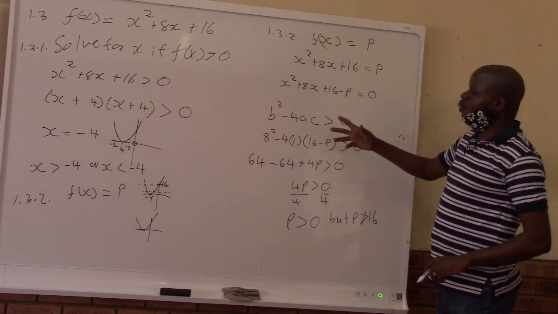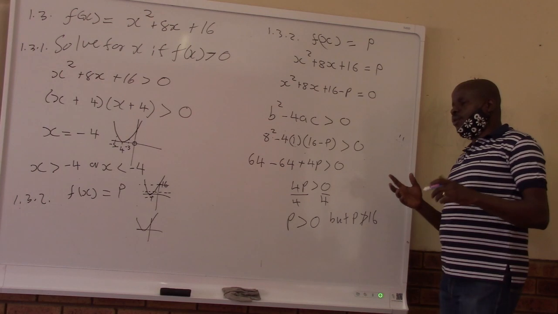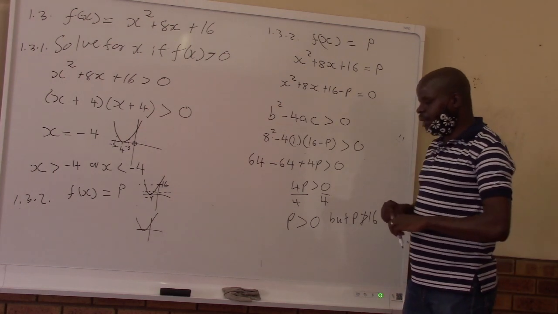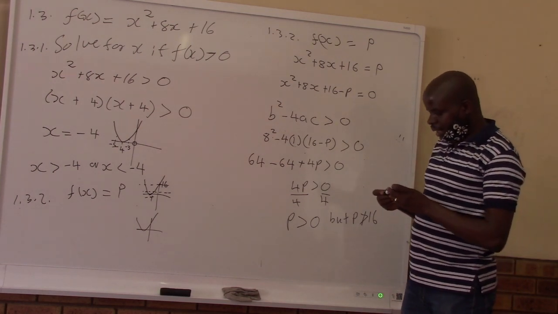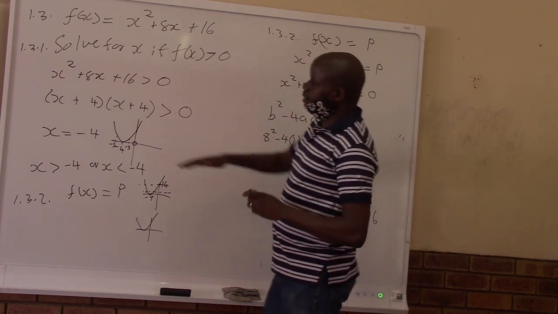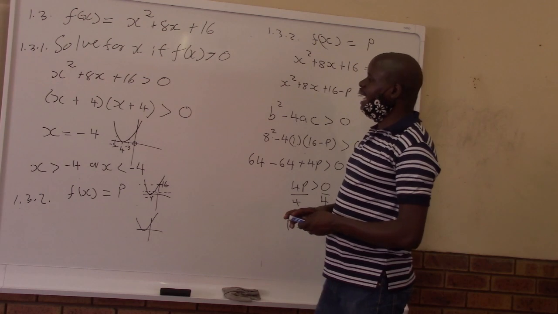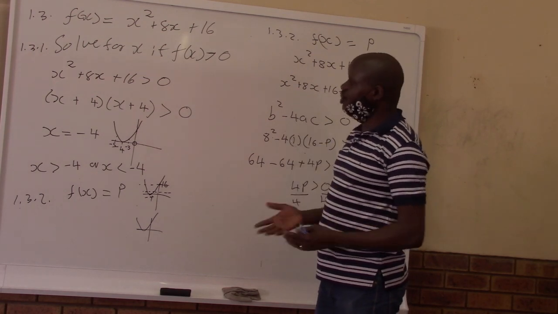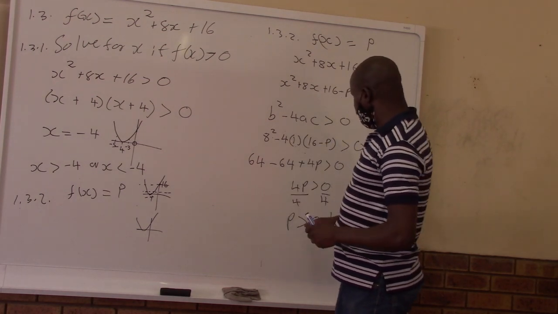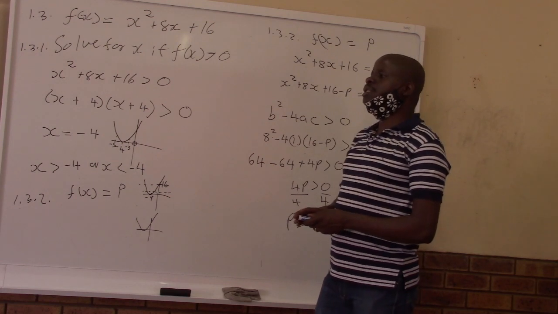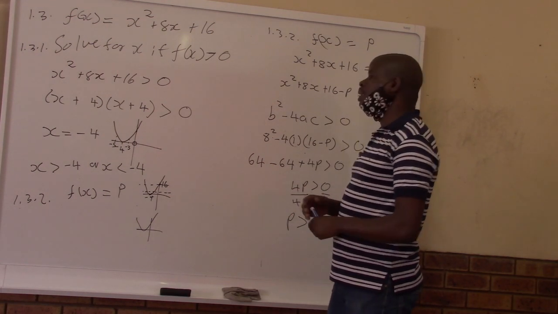So nature of roots, you have to remember that when roots are equal, we talk about the perfect square. But if roots are not equal and they are rational, it means that the answer for the discriminant is a square number.